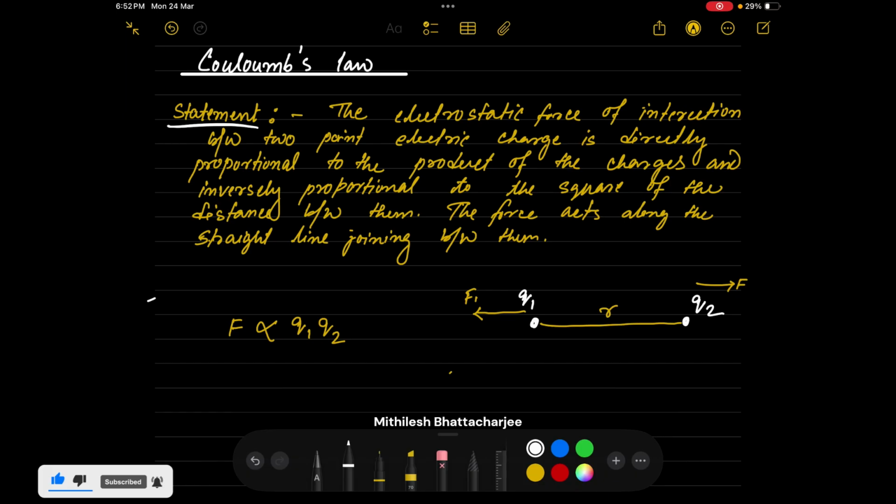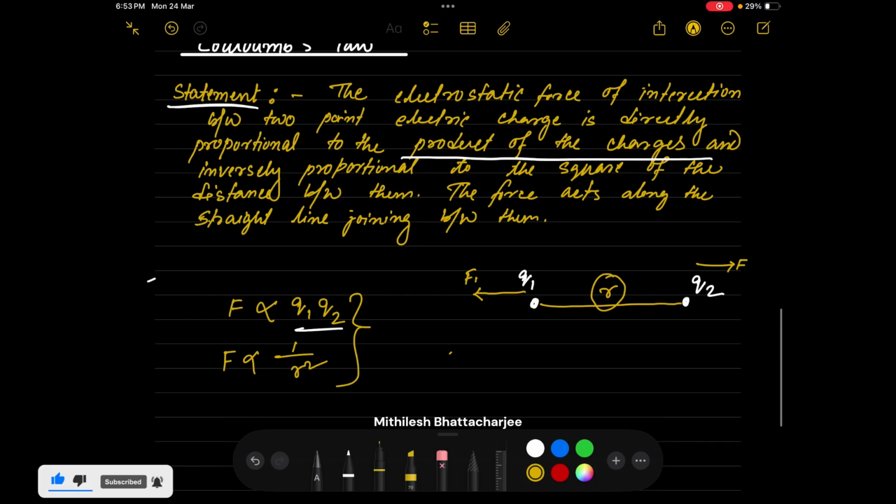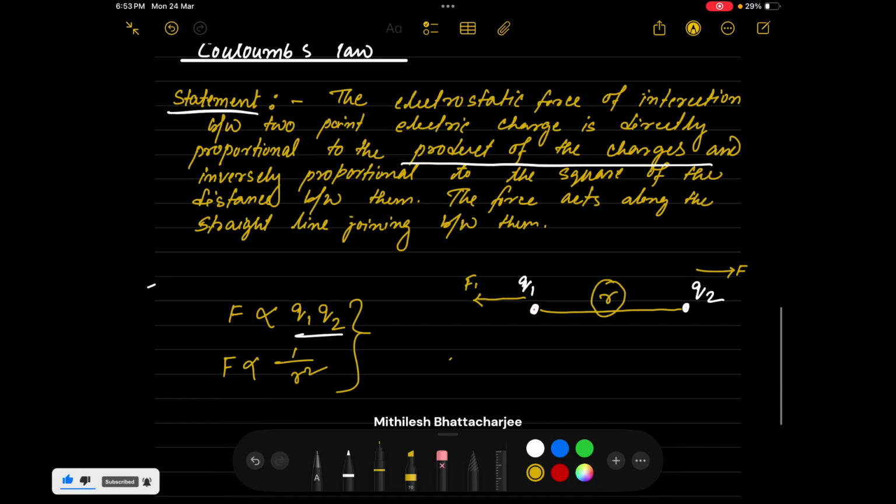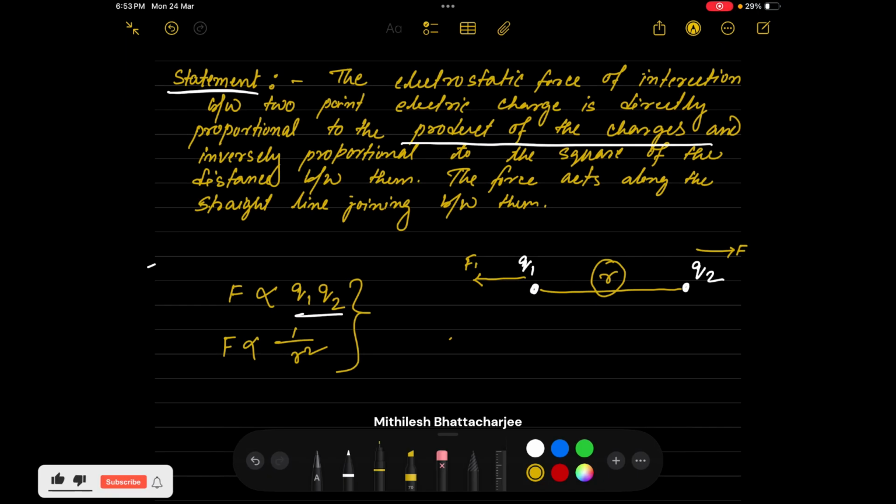The force is directly proportional to the product of the charges and inversely proportional to the square of their distance. Okay, so this is derived from Coulomb's law. Fine.